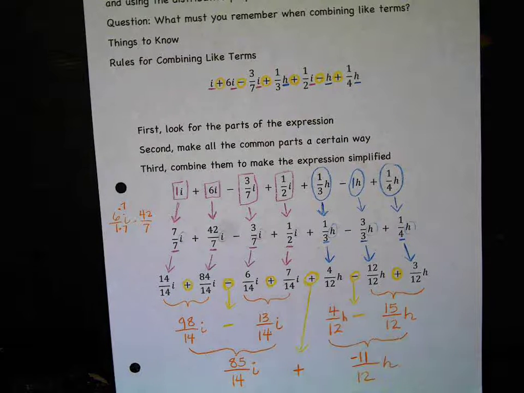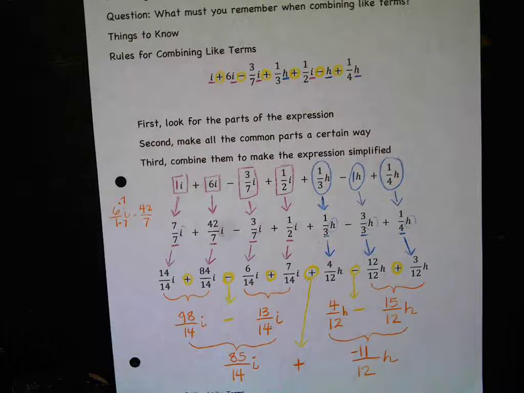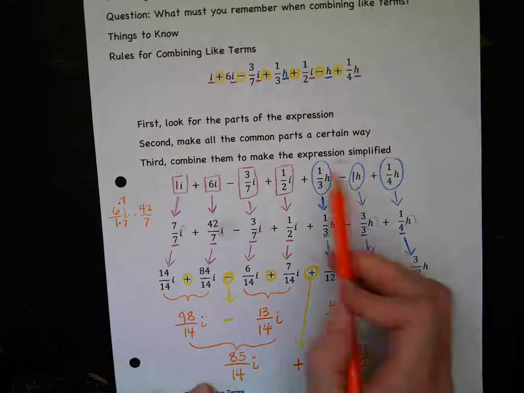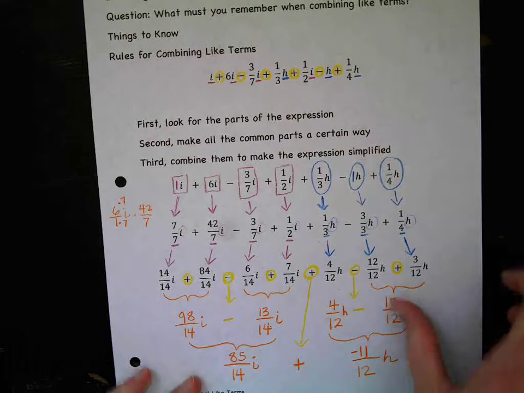So our final simplified expression for combining like terms is 85/14 I plus negative 11/12 H. And that would be your finalized simplified expression.